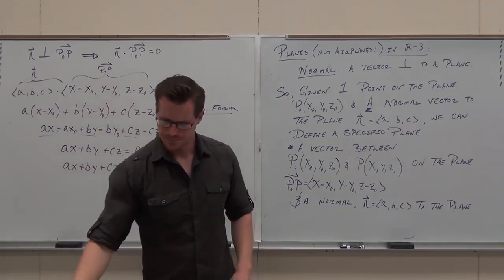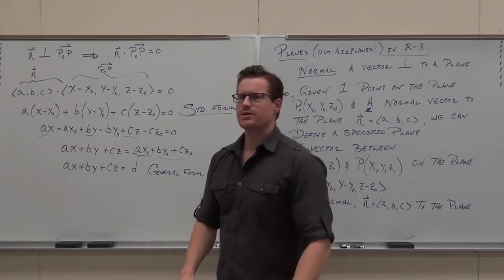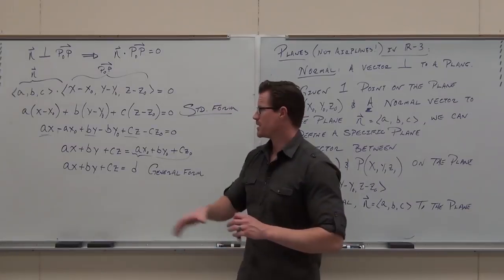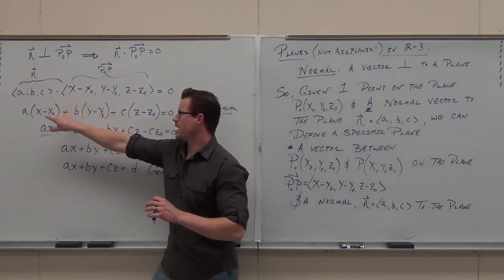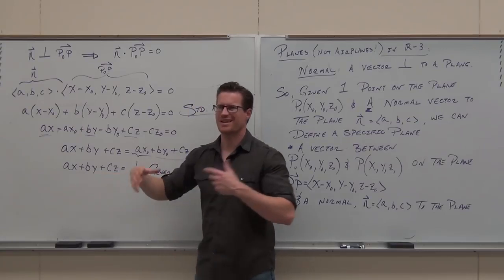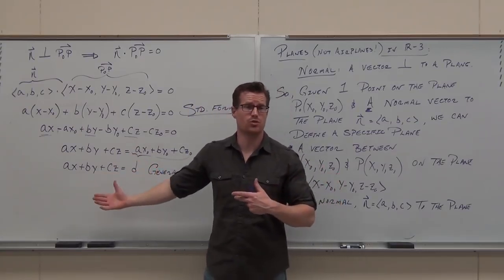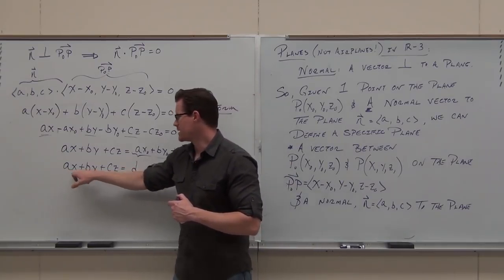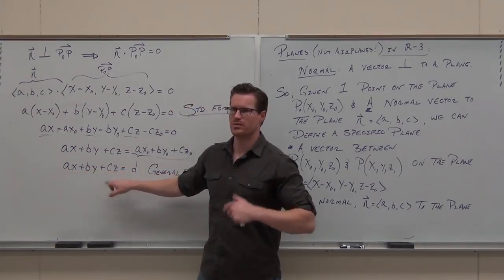That's general form. This works so much like point slope into slope intercept. We use a point and a normal to get down to this sort of thing. It's not really slope intercept, but it's a lot easier to work with. This doesn't quite give you a point, but it definitely gives you a normal vector really, really easy.